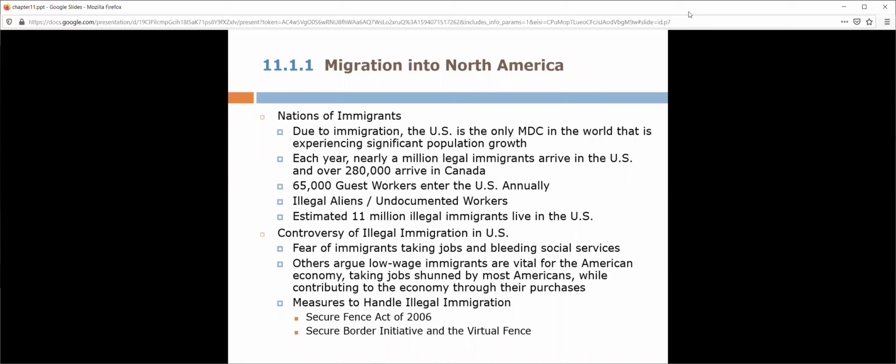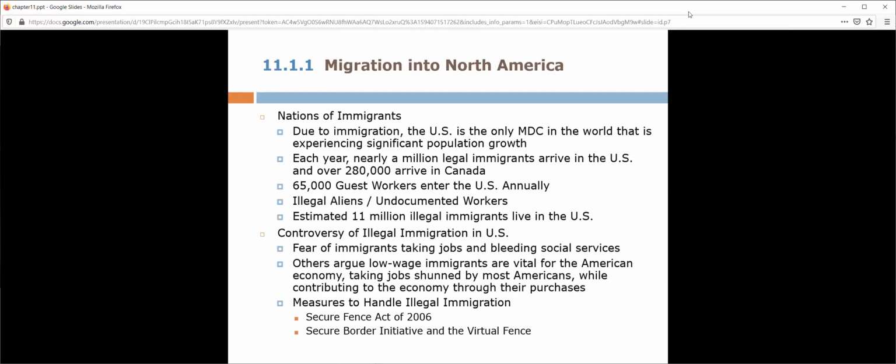The Germans have been living in Germany for 1,000, 2,000, 3,000 years, right? Egyptians have been living in Egypt for thousands of years. The Americans have been living in North America a couple hundred years, right? So when we say we're a nation of immigrants, it's very much a true statement.